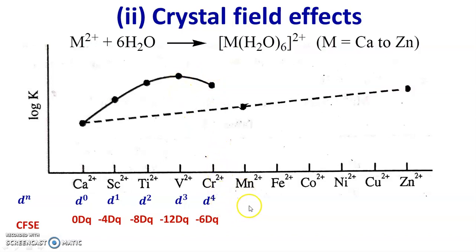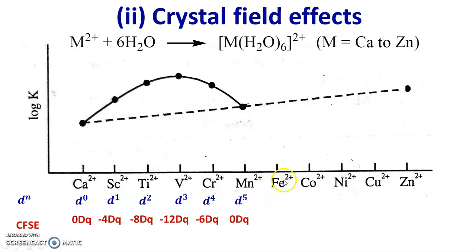And for manganese 2+, the configuration is d5 and the crystal field stabilization energy is 0 Dq again, and as the crystal field stabilization energy is 0, its log K value for the aqua complex is the same as expected. It appears on this dotted line.